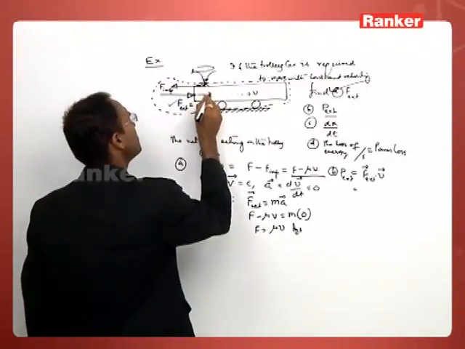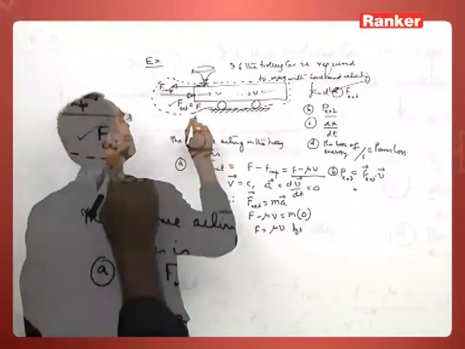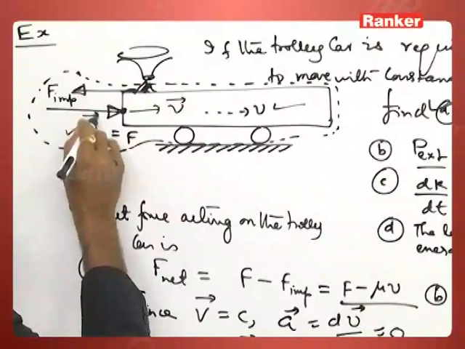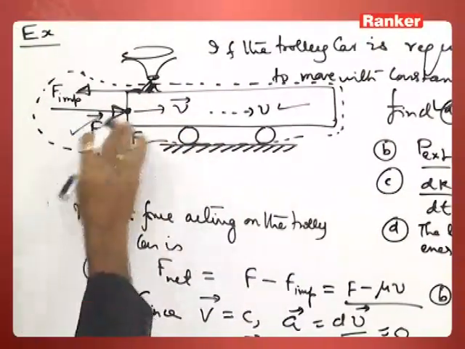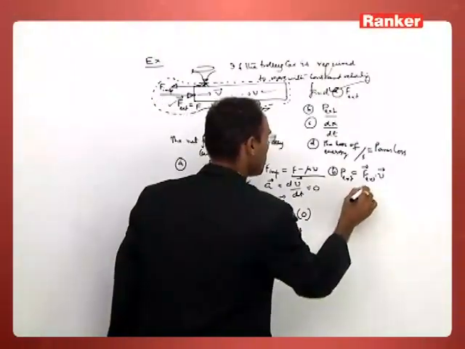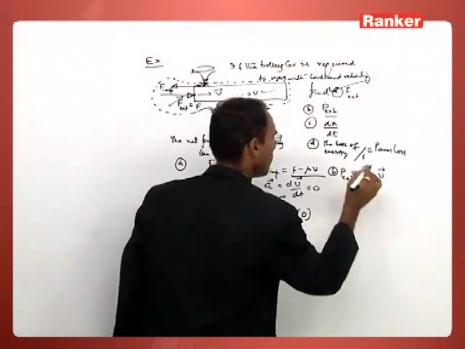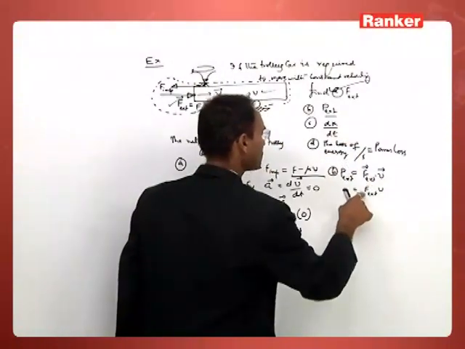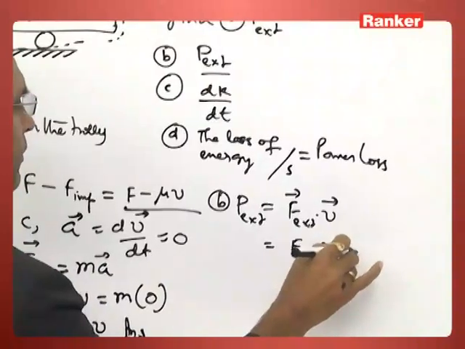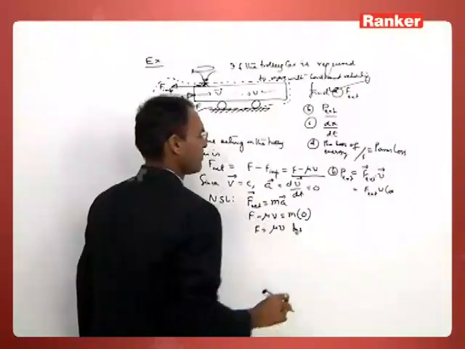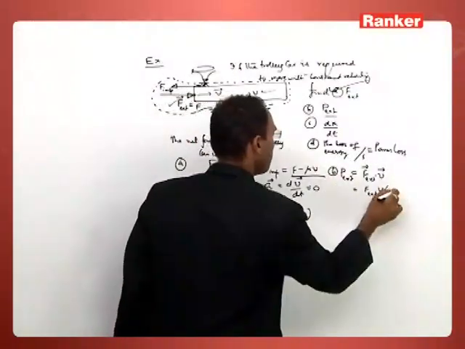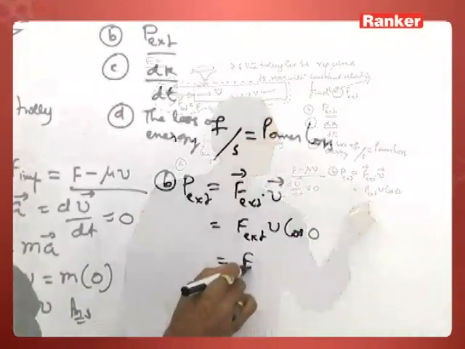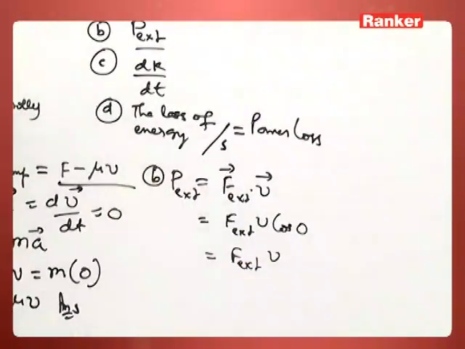This point moves in this direction with same velocity. These two vectors are unidirectional, therefore their dot product will be equal to F external into V. The angle between these two vectors is 0, cos 0. That gives us a positive power.